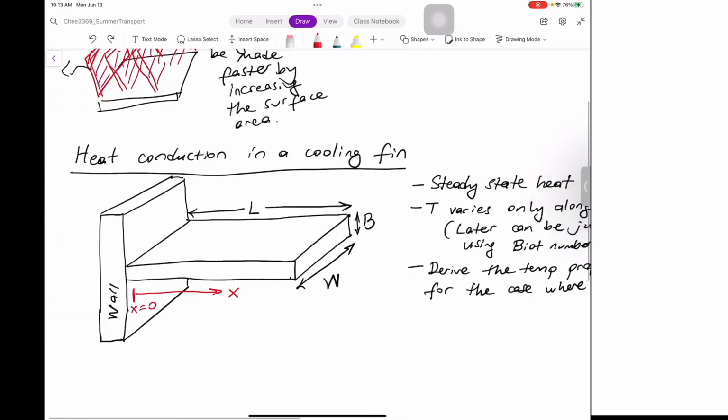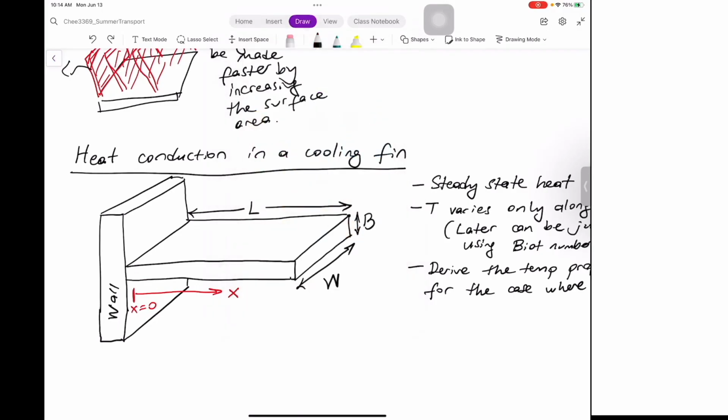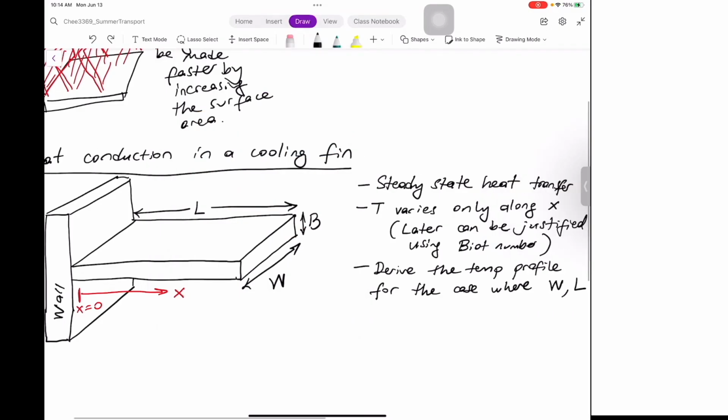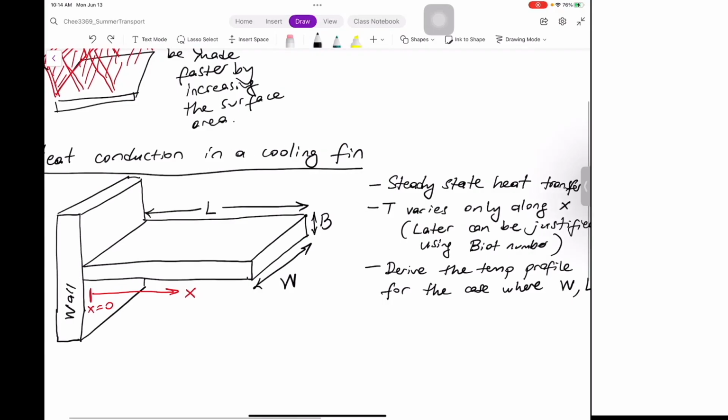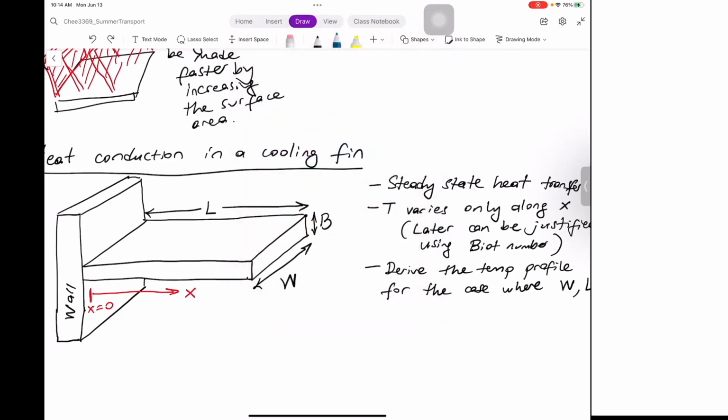Good. And one more thing. This is going to be cooled by the air, either by stagnant air, or you're actually running a fan. It's either forced convection or natural convection, but you have some sort of associated H, the heat transfer coefficient, and TF, fluid temperature, or you can call it TA, air temperature.